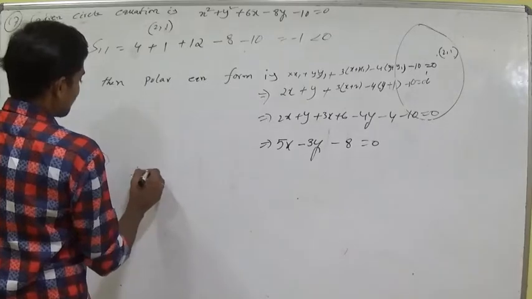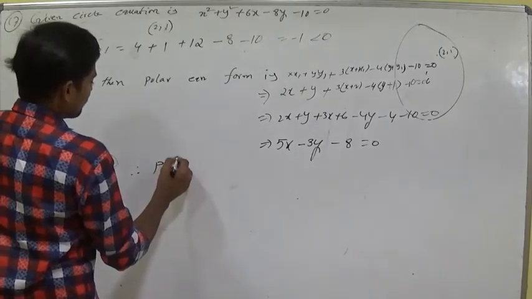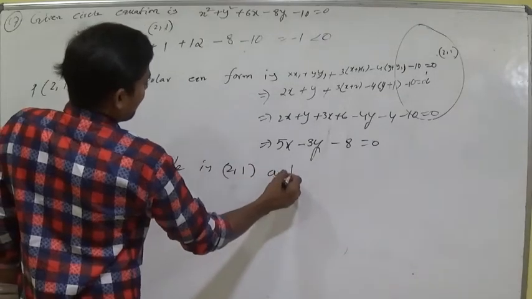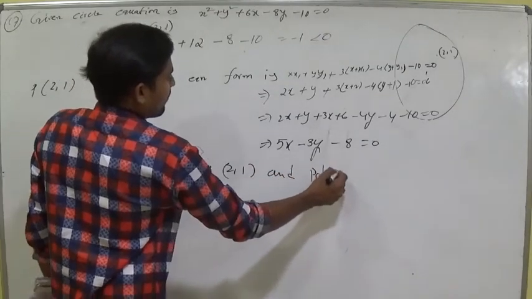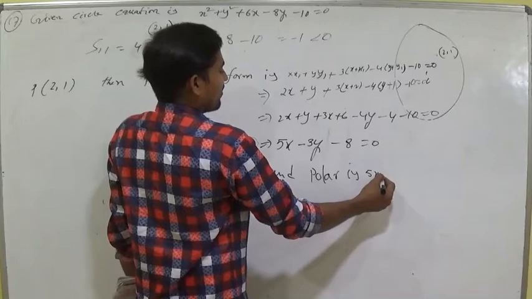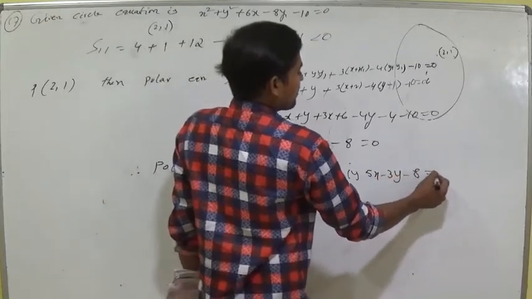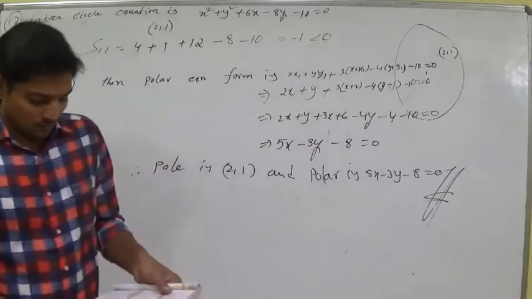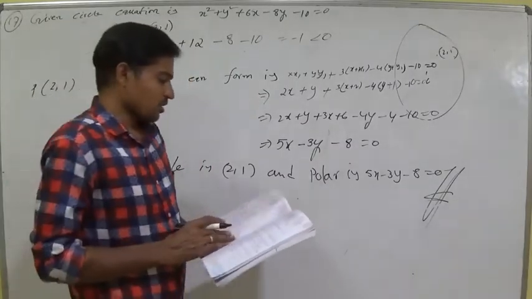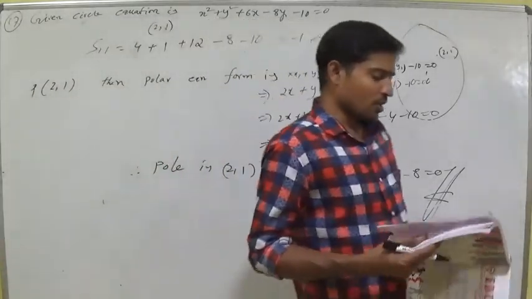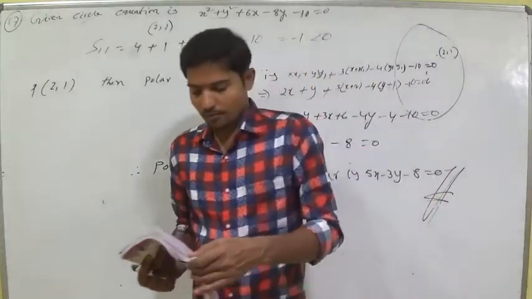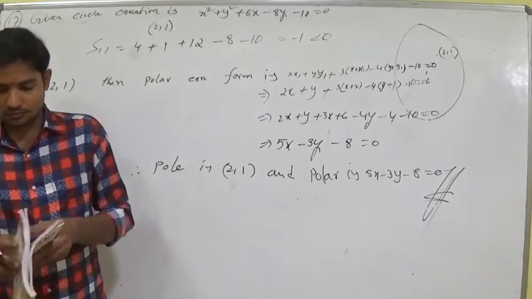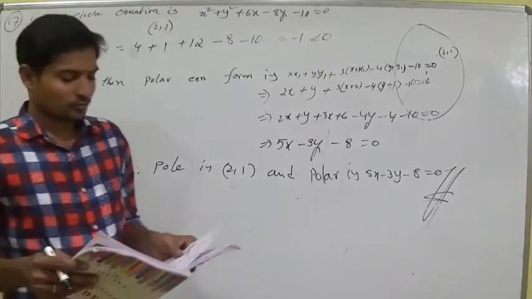Therefore the pole is 2, 1 and the polar is 5x minus 3y minus 8 equal to 0. Understood? Successfully we completed worksheet number 3. Now let us discuss the next thing.